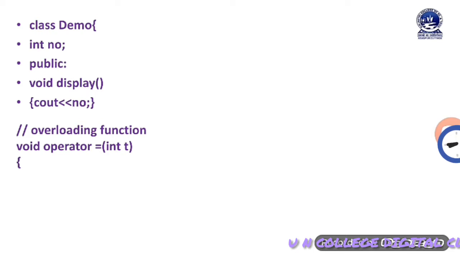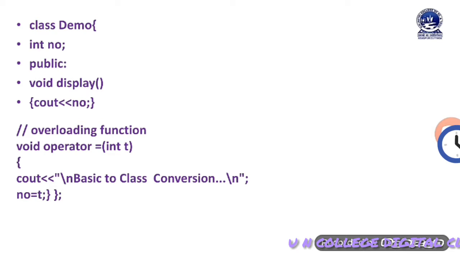You can see the syntax of the operator function here. Operator = is used for type conversion, and inside the parentheses you can see int t, the argument we are passing, and it is used for basic to class type conversion. Then no = t.